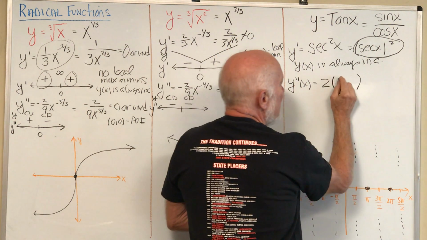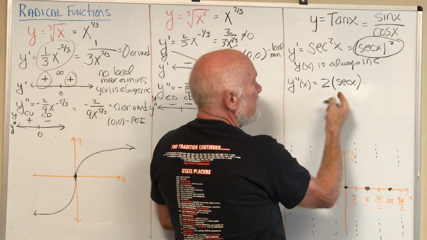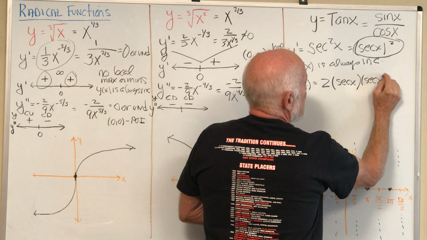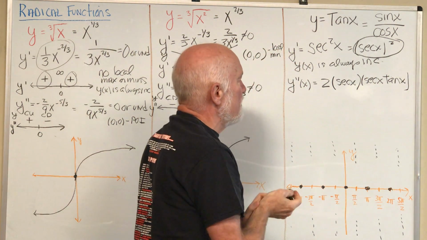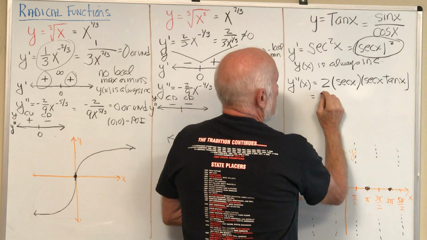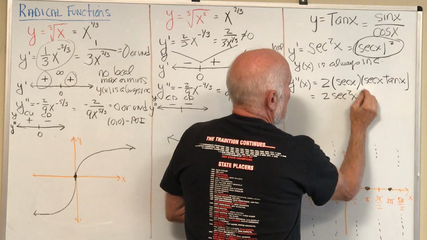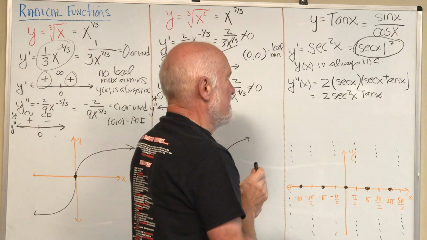So we have to put that function and then multiply by its derivative, which is the secant of x tangent of x. So we're bringing back some of the formulas that we learned about the trig functions. Well, this is 2 times secant squared of x times the tangent of x.